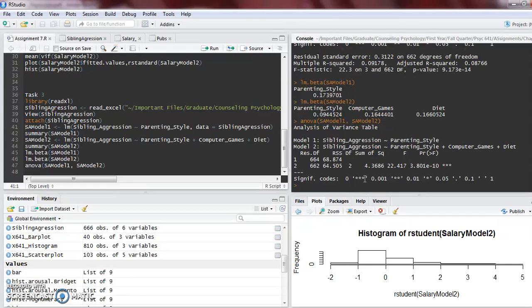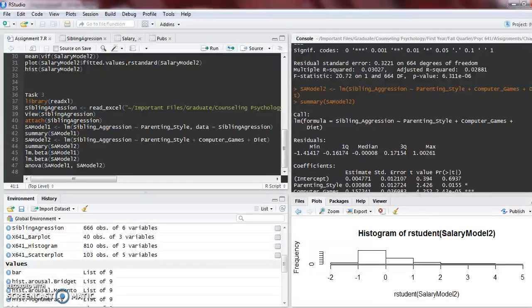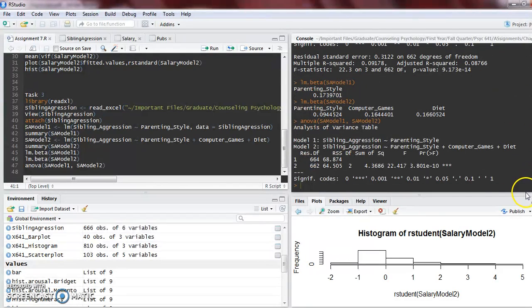What else did I see? Well, just really given from what we already know about parenting styles, yes, parenting styles is a predictor of aggression. Yep, and that's it.